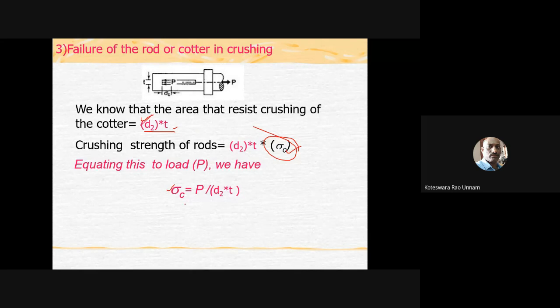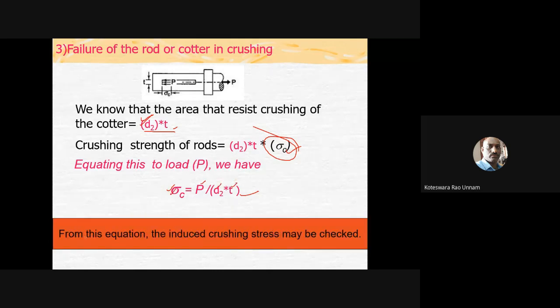This is the formula to compute the crushing stress in this spigot, where the cotter and the spigot have an interface. That is nothing but P by d2 into t. We know the P value, and d2 and t we already calculated. Then we can compute sigma c. Using this equation, we need to compare that induced crushing stress to the allowable stress. If the allowable stress is more than sigma c, then your design is safe.